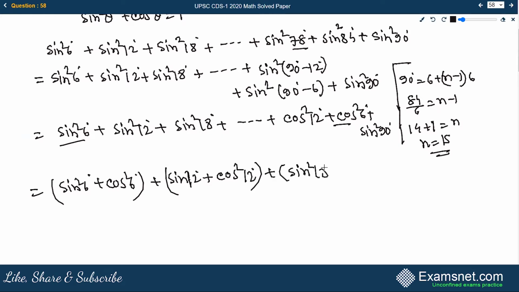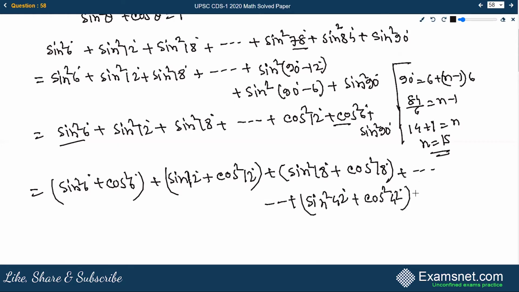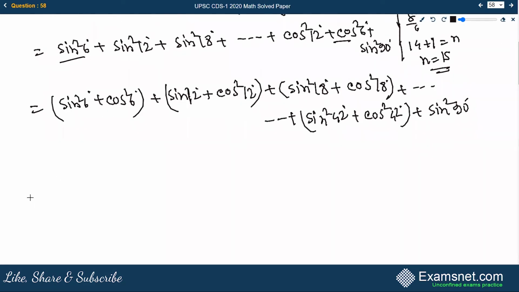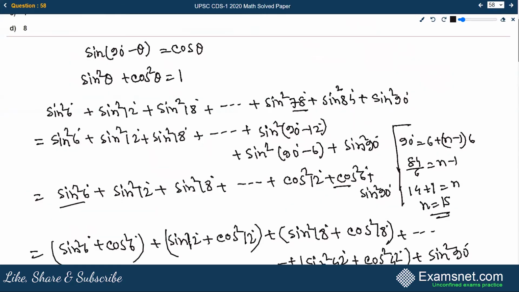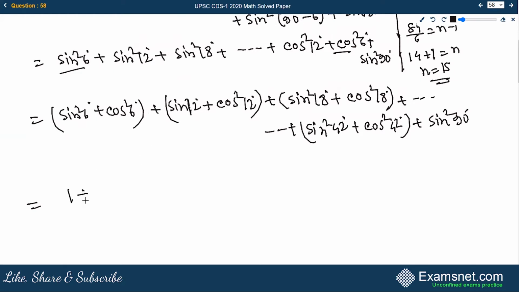Next sine square 18 degree plus cos square 18 degree. And this way it will continue until sine square 42 degree plus cos square 42 degree plus sine square 90 degree. Now we can see that sine square theta plus cos square theta will give us 1. So for these values we can put 1.